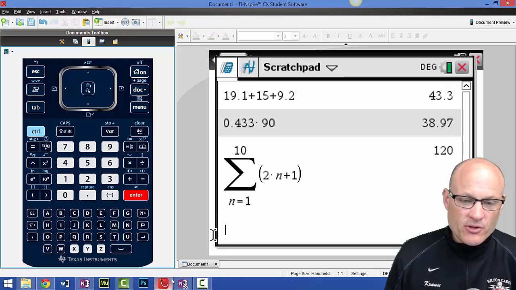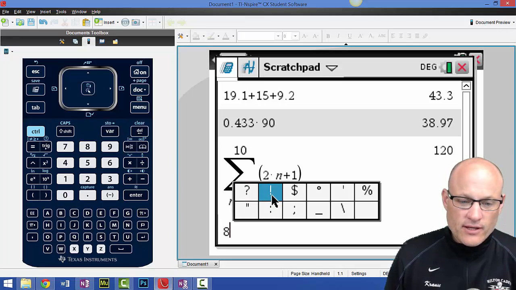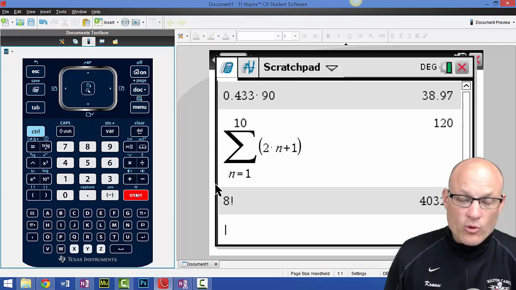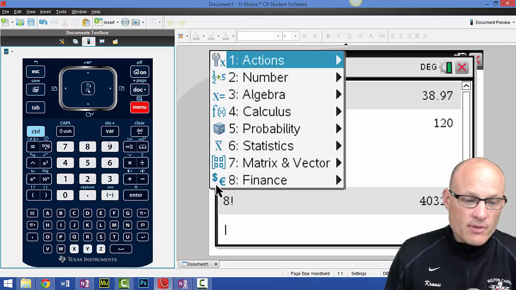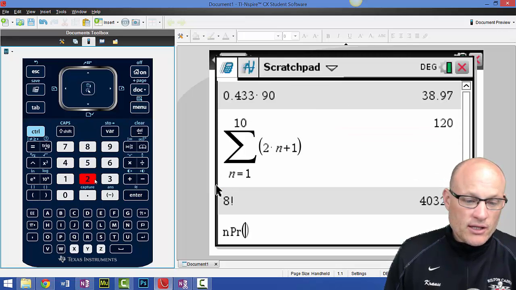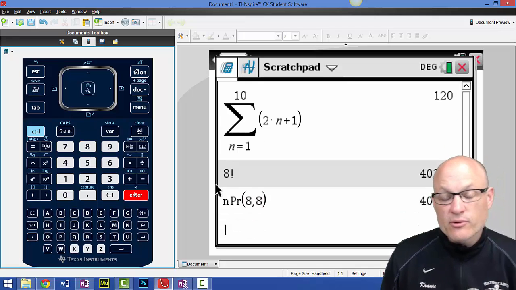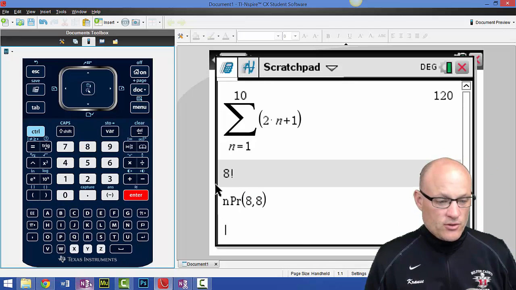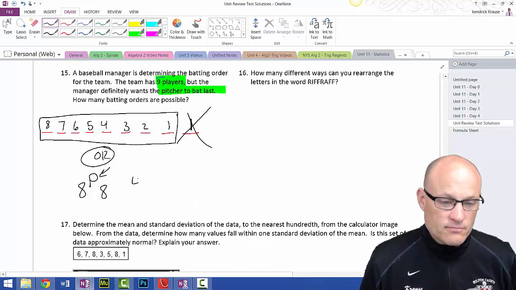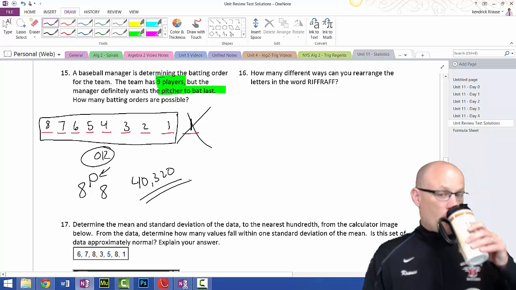So either way, you'll get to the right answer. I can either do 8 factorial, and I would get 40,320, or I could do menu 5,2, and then do 8 comma 8. I still get 40,320. It's the same thing. So 40,320 ways, believe it or not, of picking that order lineup.